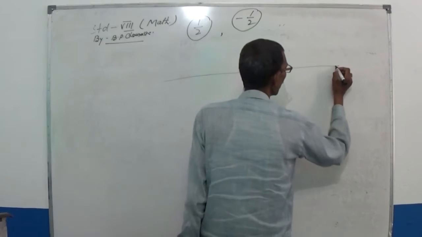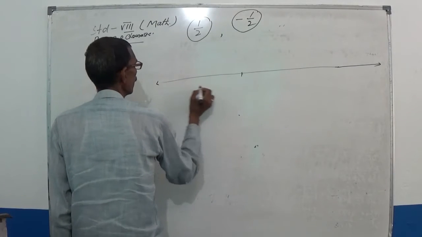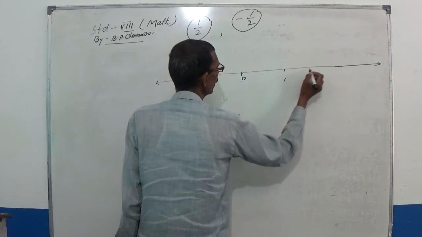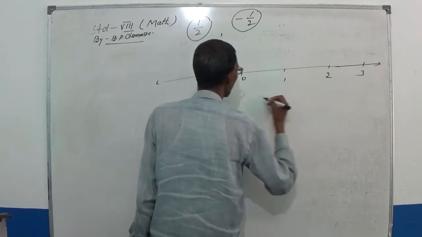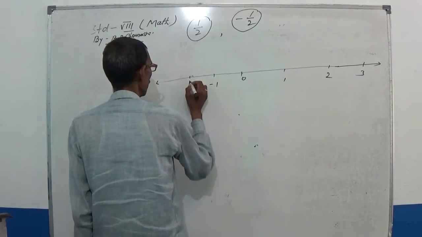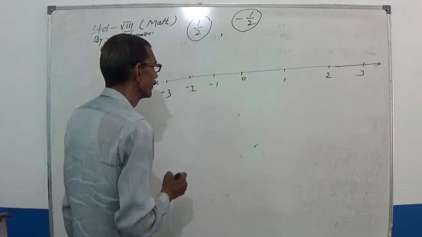First of all, draw a number line: 0, 1, 2, 3, minus 1, minus 2, minus 3.